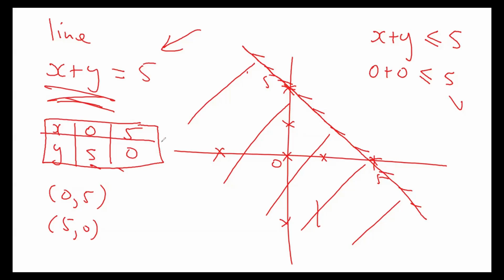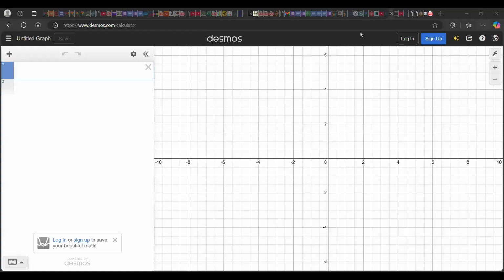So let me maybe pause the video. I want to go to Desmos to see how it will look. Let me do it. Good. So here I am in Desmos. I'm going to remember that graph that I just showed you.